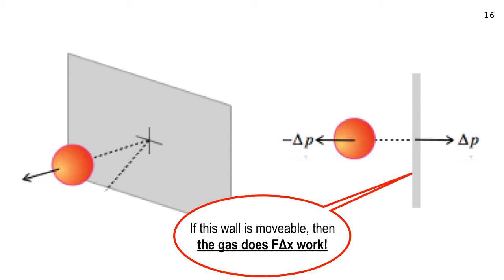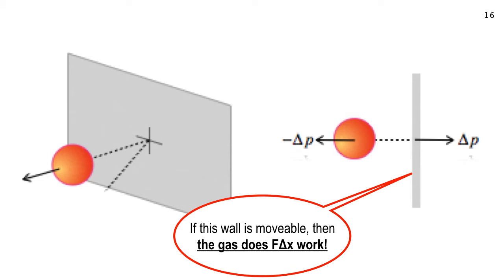A container that's got a movable wall, a balloon. You blow into the balloon. You got to really exhale hard, and the balloon expands. And so the walls are getting force. They're getting some delta X and some delta Y in another direction, delta Z in the other direction. So you're getting some F delta X type work because of the pressure that you exert. And so you can say that a gas does work.